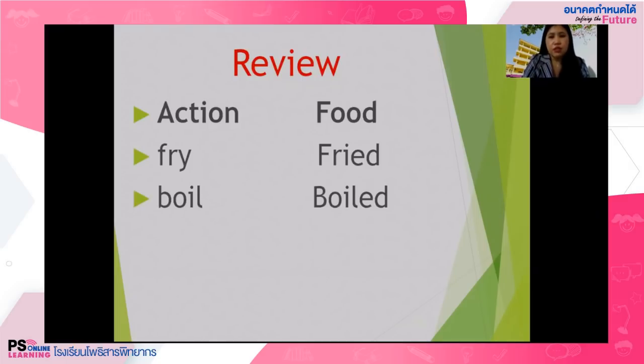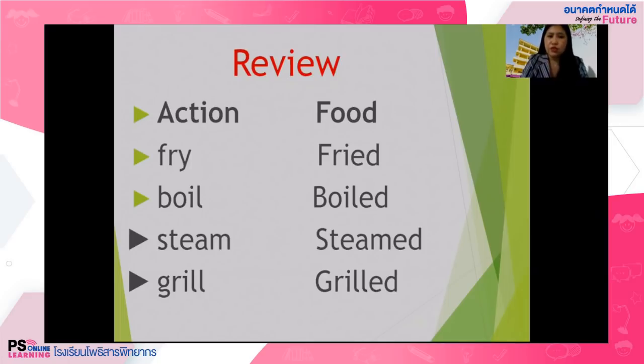Okay, the next one is boil, and the food is boiled. Next is steam, the food is steamed. Next one is grill, the food is grilled. And the last one is saute, and the food is sauteed.